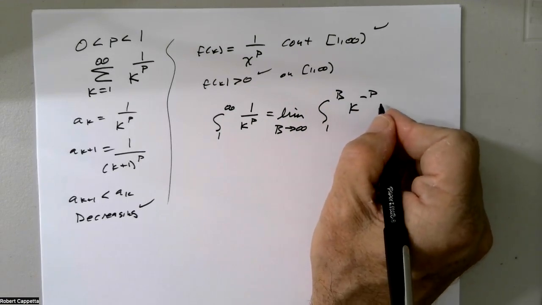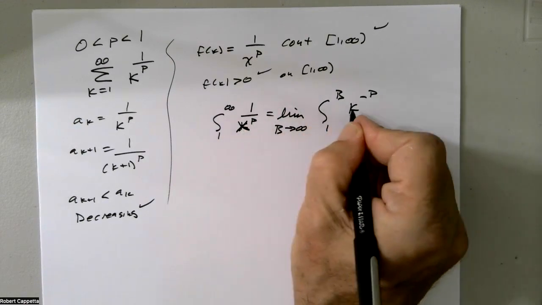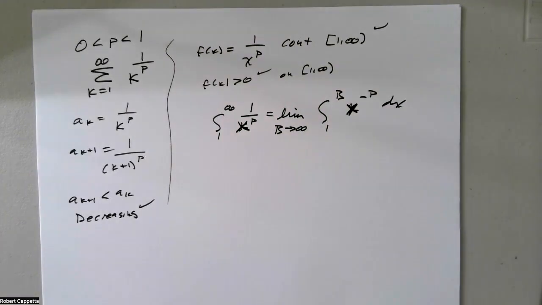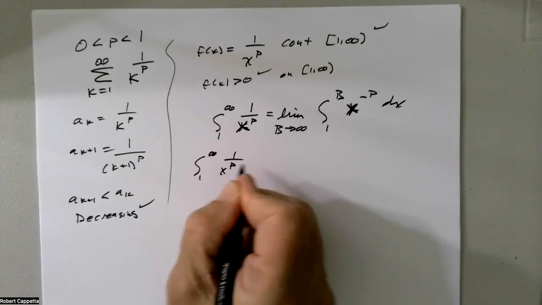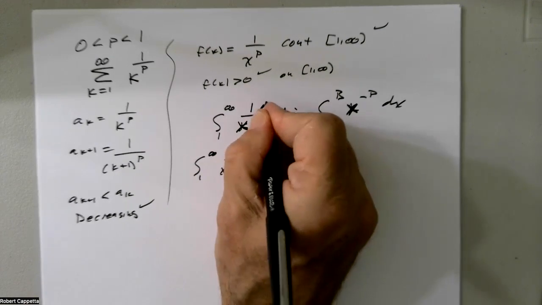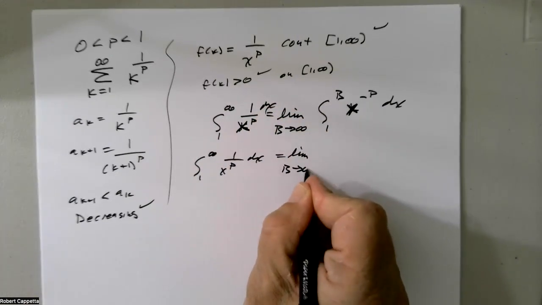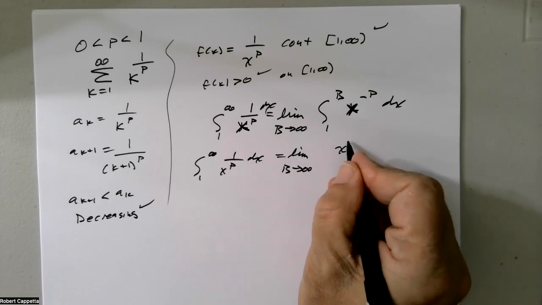Let's go ahead and change those k's to x's, because when they're x's, I see them as real numbers. When I see them as k's, I see them as integers. So the integral from 1 to infinity of 1 over x to the p dx is the limit as b goes to infinity of what? Again, x to the negative p plus 1 over negative p plus 1.